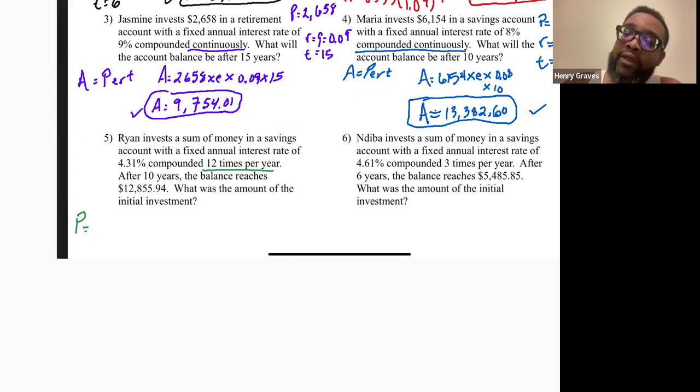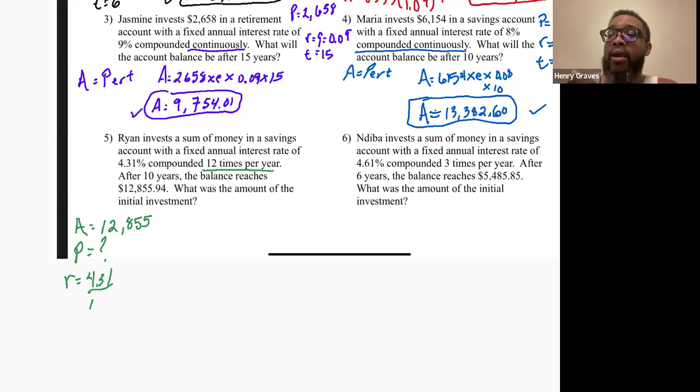He ended up with 12,855. I don't know what my P is at all. However, I do know my rate is 4.31. If I divide that number by 100, it's going to be 0.0431. And T equals 10.